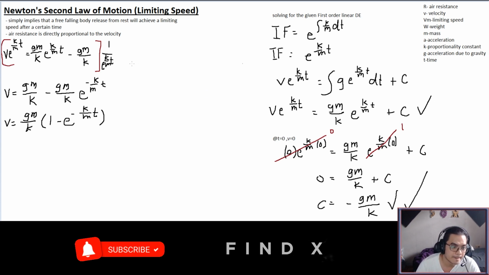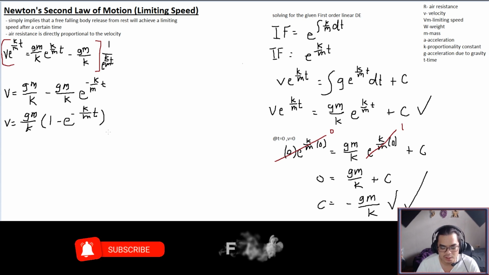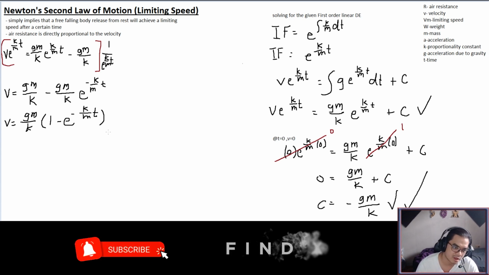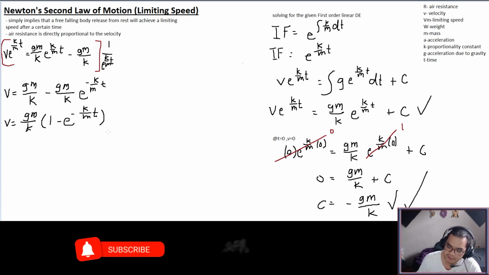Take note again, if your speed after 10 seconds, let's say, is 160, after 20 seconds that is still 160, and after 30 seconds that is still 160, therefore the limiting speed is 160. The limiting speed is still the same even as the time approaches infinity; it doesn't matter what the time is.